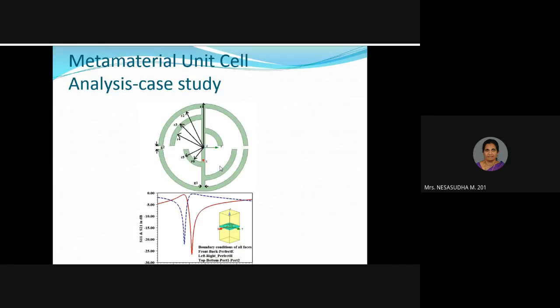I want to give some case studies of what I have done. This is a small antenna which is designed, with the dimensions shown. This antenna is subjected to the boundary conditions, and we check the S11 and S21 values.